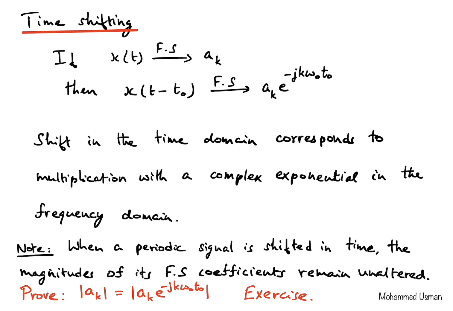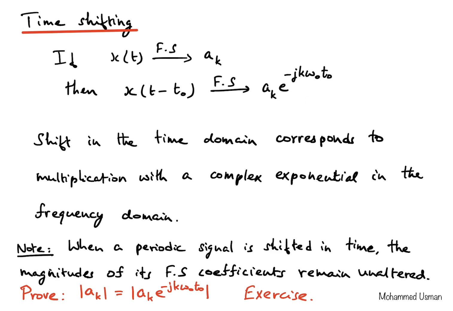Now, when this change is happening between the original signal and the shifted version of the signal, the only change is that the Fourier series coefficients get multiplied with this complex exponential. And what you will notice is that the magnitude of both these Fourier series coefficients are the same. So the magnitude of ak and the magnitude of ak e power minus j k omega naught t naught is the same. And you can prove this in a very simple way by using Euler's formula for e power minus j k omega naught t naught, which is cosine k omega naught t naught minus j sine k omega naught t naught.